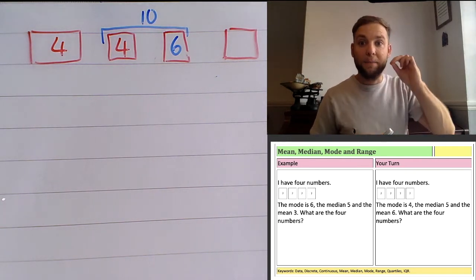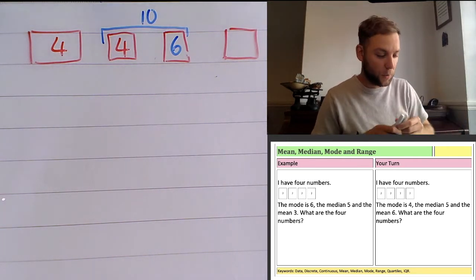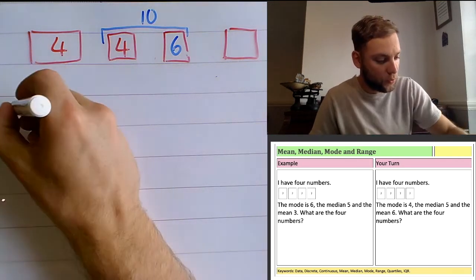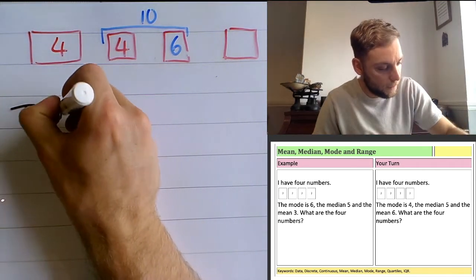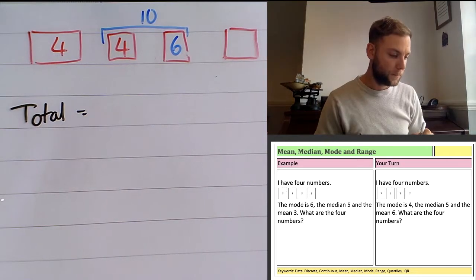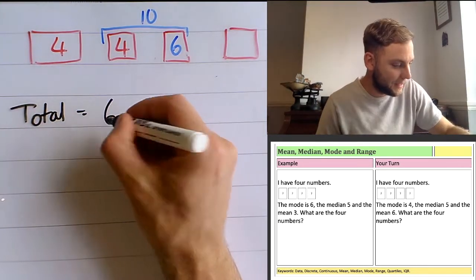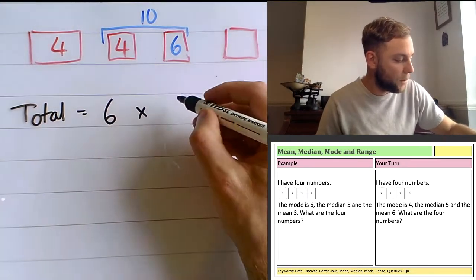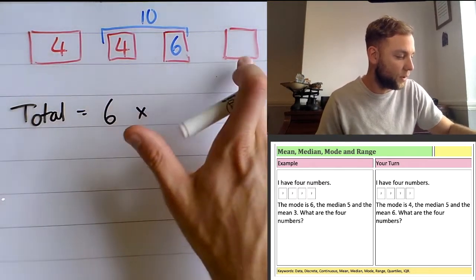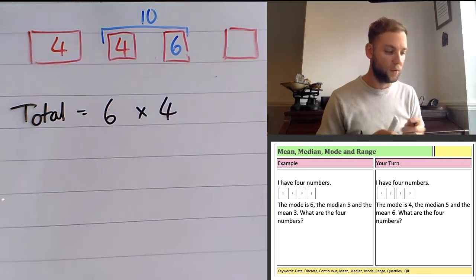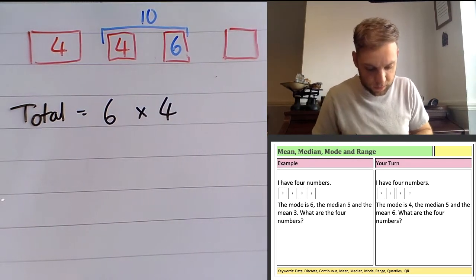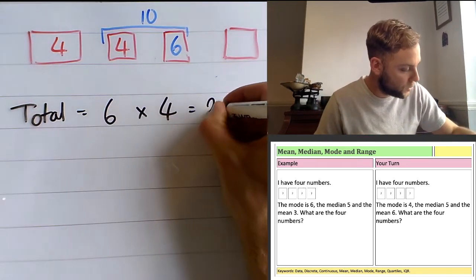So remember, when I'm dealing with the mean and I've got missing values, I'm working out the total. So my total is equal to the amount of numbers times by the mean. So my mean is 6 times by the amount of numbers, which in this case is 1, 2, 3, 4. So 6 times by 4 is equal to 24.